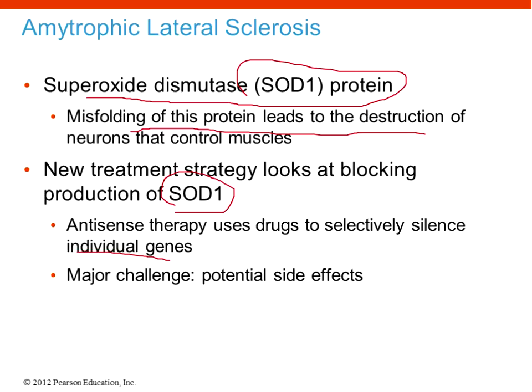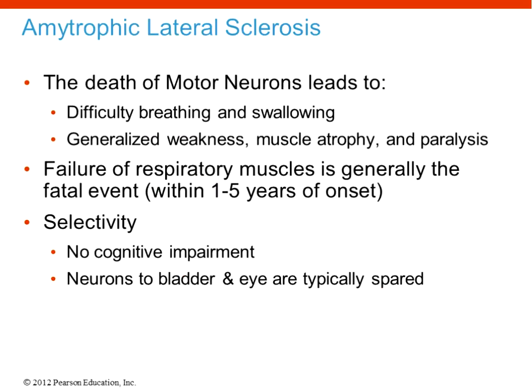But again, whenever you play with this genetic side of things, you get potential side effects which could cause even further issues. But SOD1 is a pretty well-studied pathway in trying to understand the genesis of this disease.